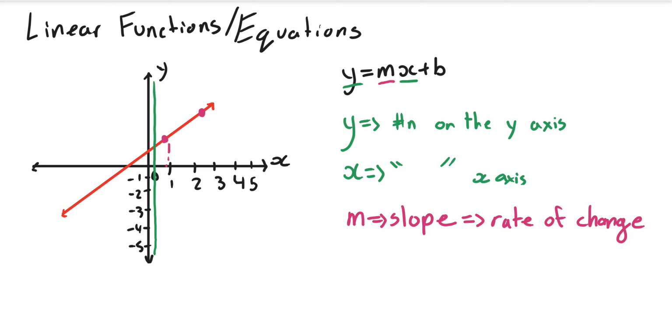Now, b, I like to say, is probably the easiest one besides x and y. b here represents something we like to call the y-intercept. The b is also known as the y-intercept. Could you guess what the y-intercept stands for? Pause the video and give it some thought.